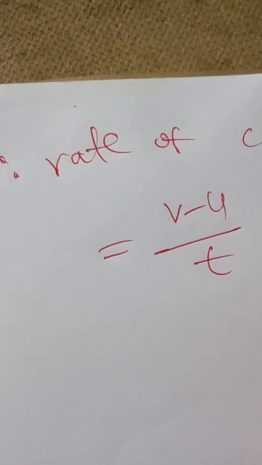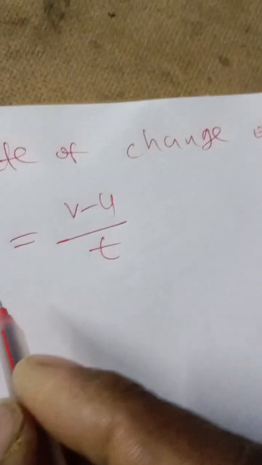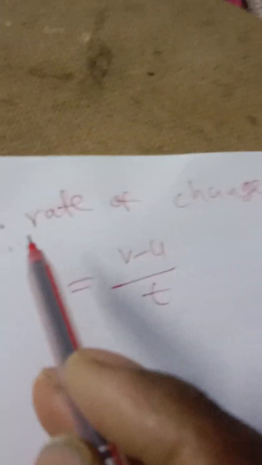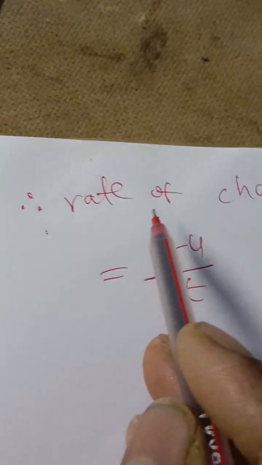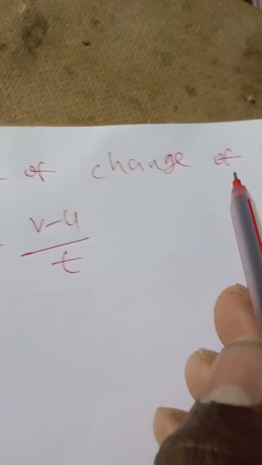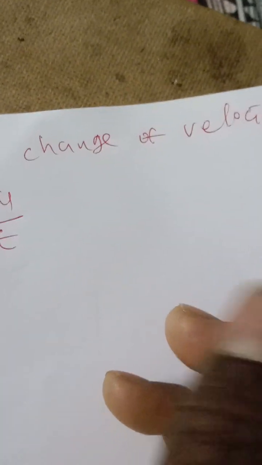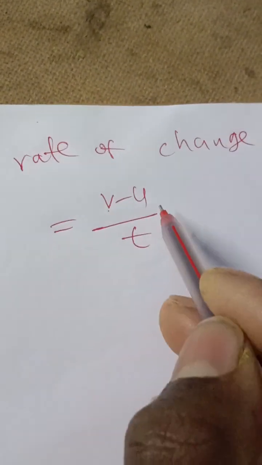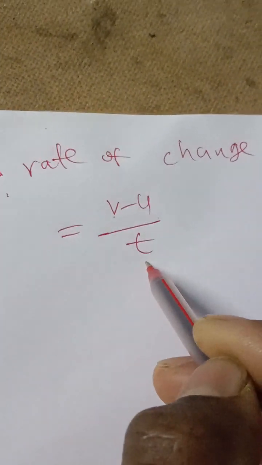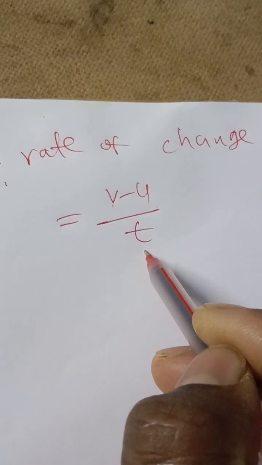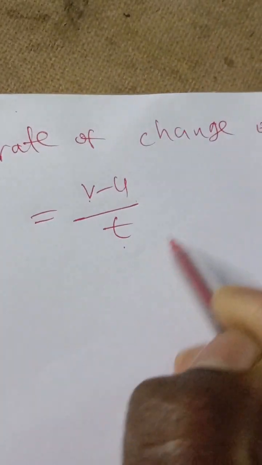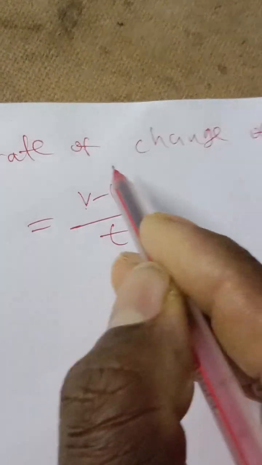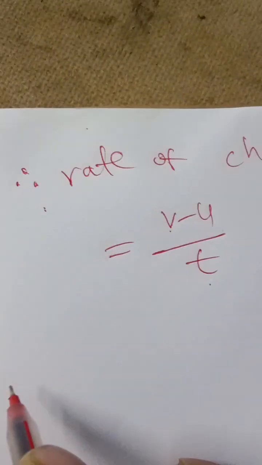I am repeating, rate of change of velocity is equal to v minus u by t. This rate of change of velocity is also called acceleration.